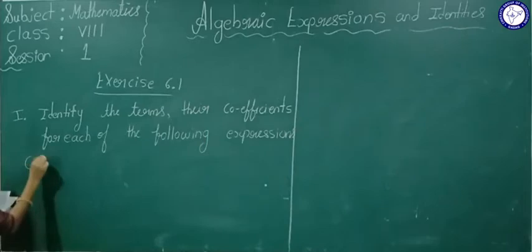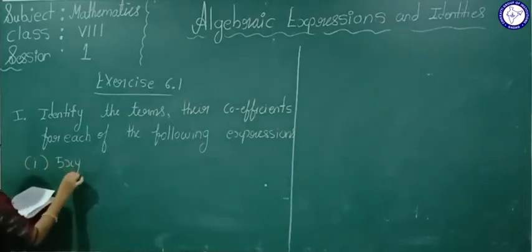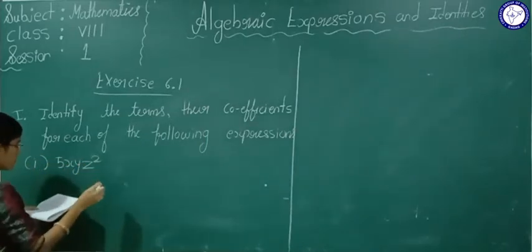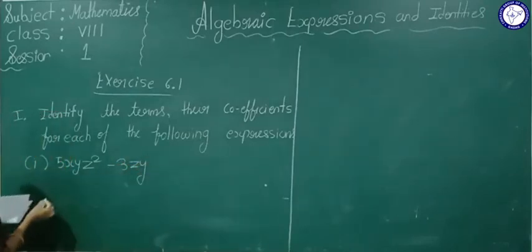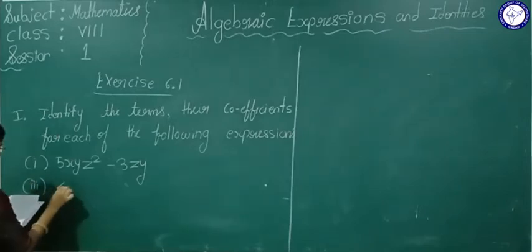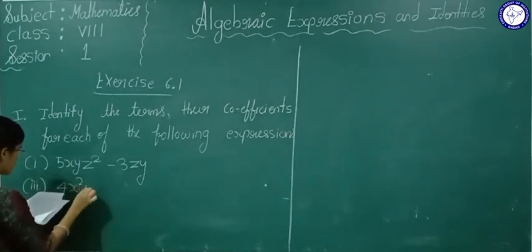First one, 5xyz square minus 3zy. Only a few I am going to solve here, the rest you have to try.